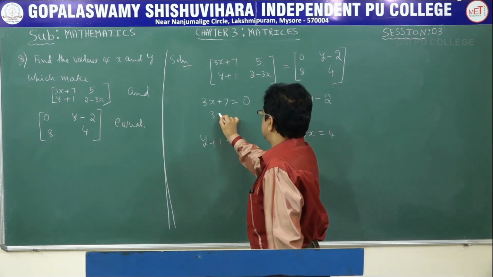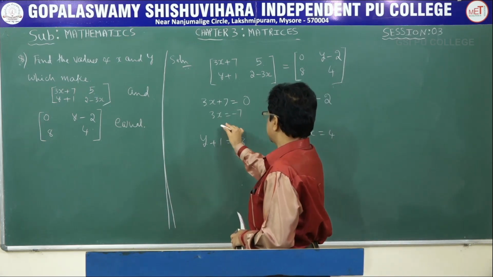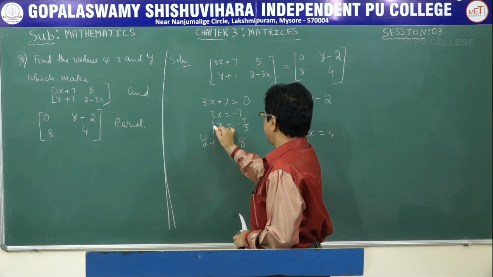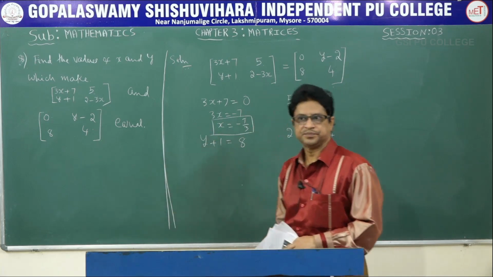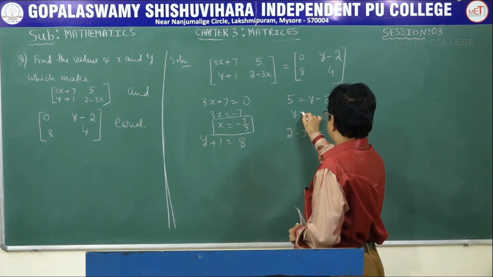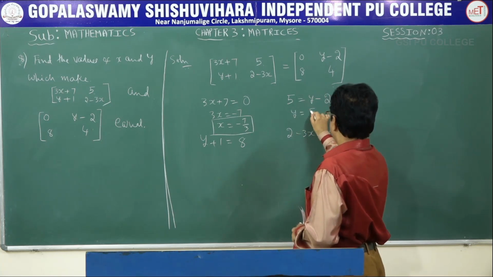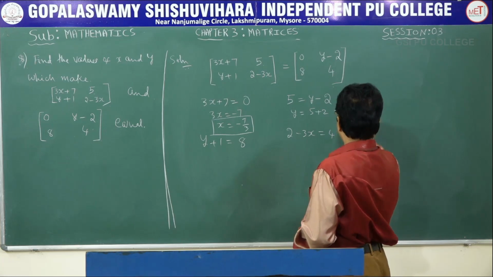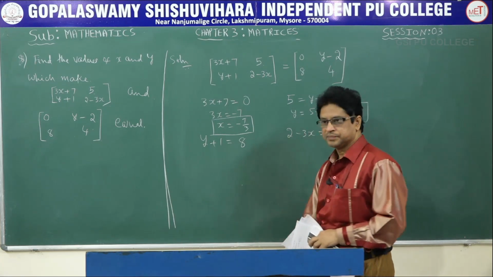So now 3x will be equal to minus 7. So x will be equal to minus 7 by 3. Here y equals 5 plus 2. That implies y will be equal to 7.